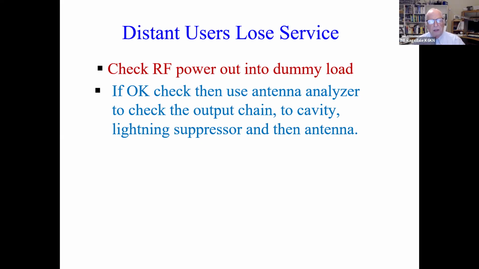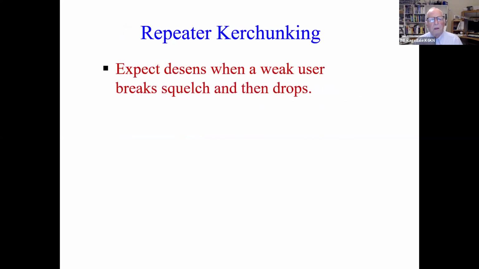You go to the cavity, lightning suppressor, and your antenna, because you're looking for some loss of power outside the repeater. Into a dummy load, you should see full power level. When you then go into your antenna system, if you have any kind of a disruption, for example, you won't get the proper SWR, you've had some kind of loss inside the antenna. And that helps you then analyze step by step through that antenna sequence.